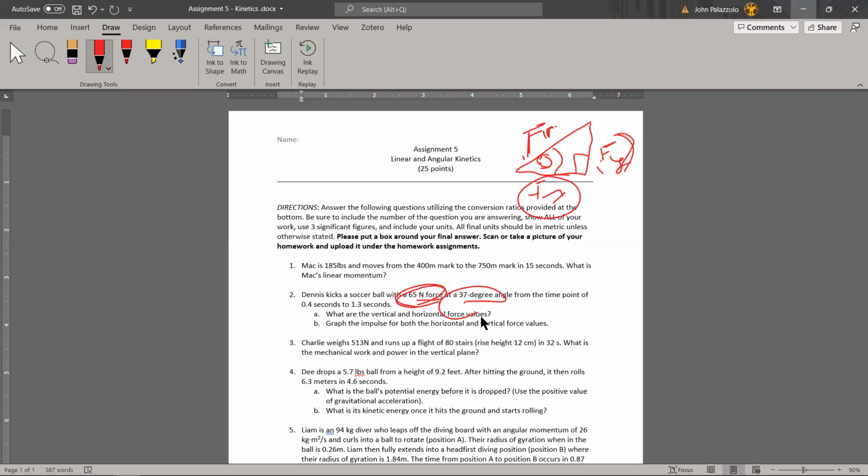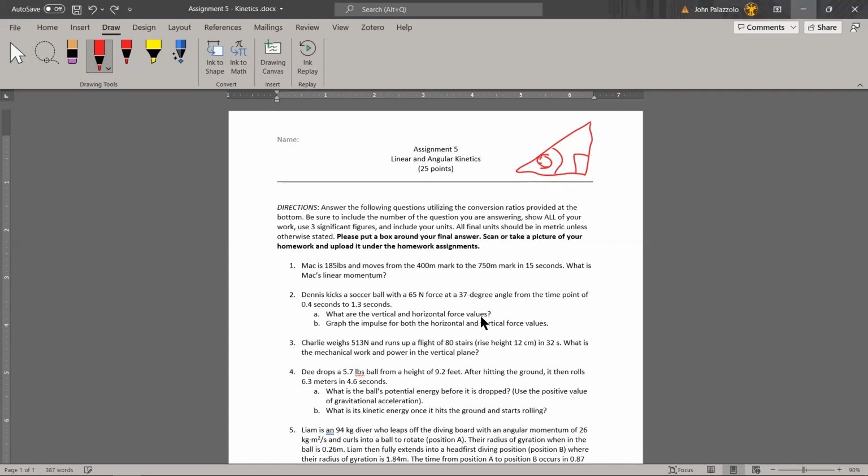So you have to figure out, should I use sine, cosine, or tangent for F of x and F of y? And then rework those functions and calculate them out. Remember, 3 significant figures, leading zeros and ones don't count. And show me your work.